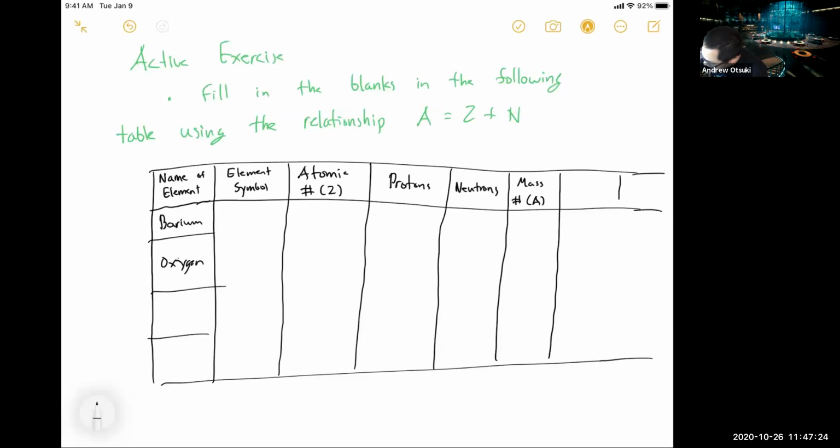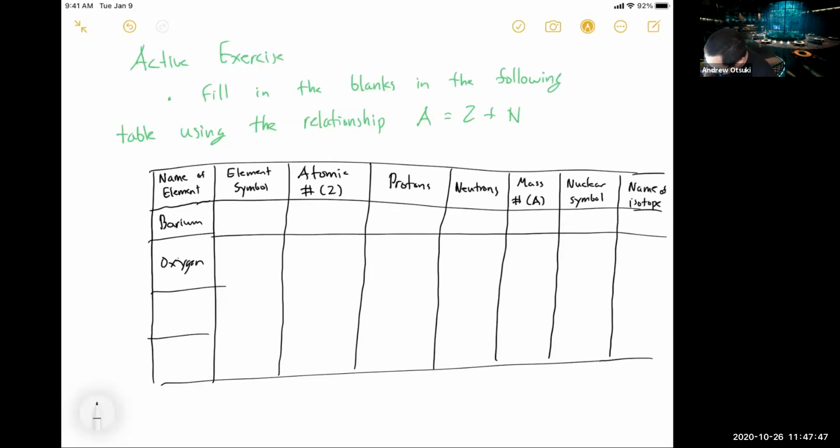Now we're going to have the nuclear symbol. And lastly, the name of the isotope. Okay. So barium, we're going to draw a line through all here. Oxygen, and the last 2 elements.